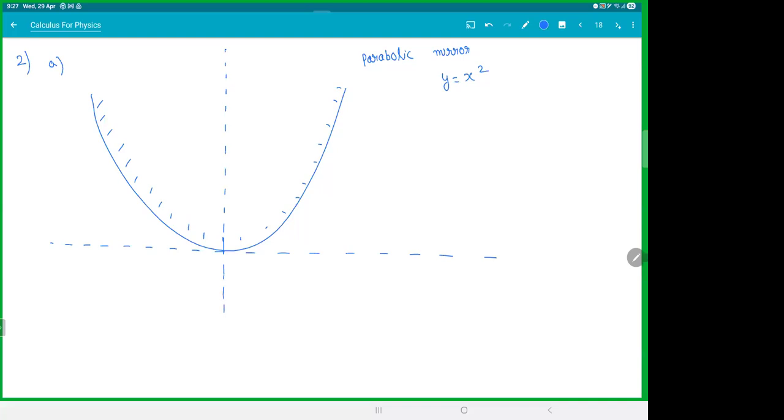This is your x and y axis. Now what you did, you sent a light ray horizontal to the x-axis. So this is a horizontal light ray. When this light ray goes and hits the mirror, it bounces off and becomes vertical. This is a vertical reflected ray.